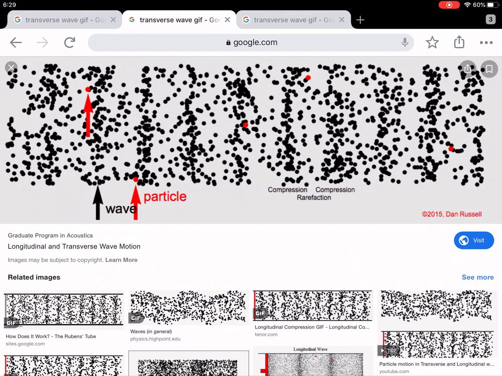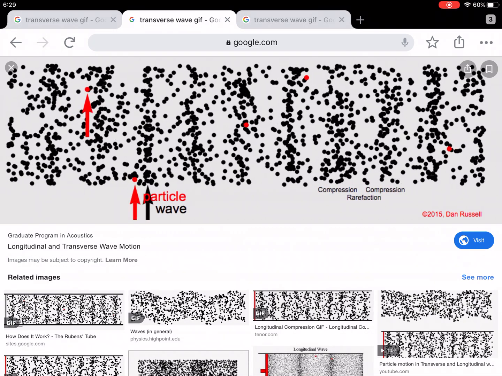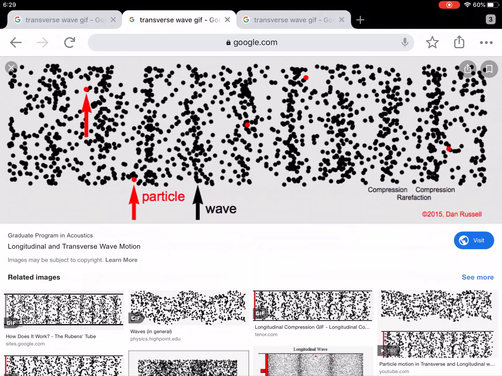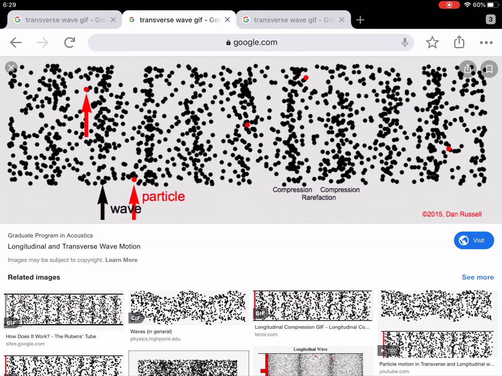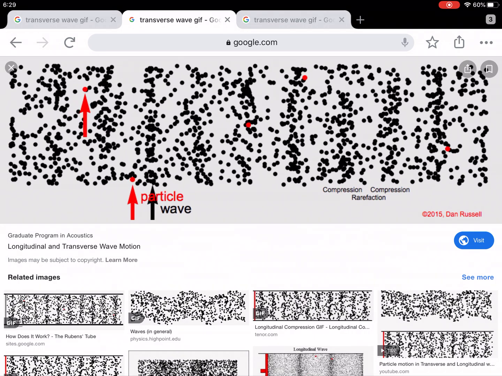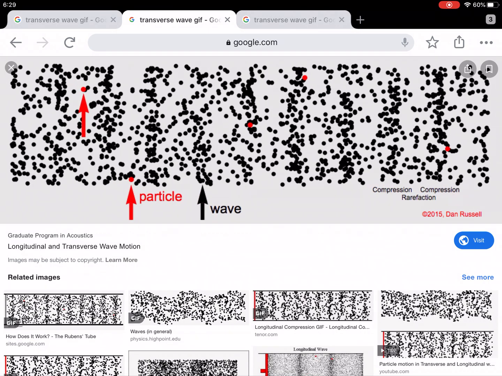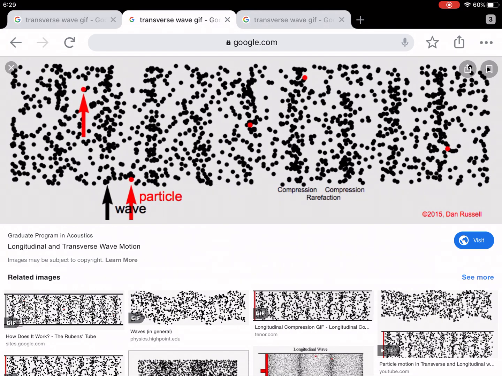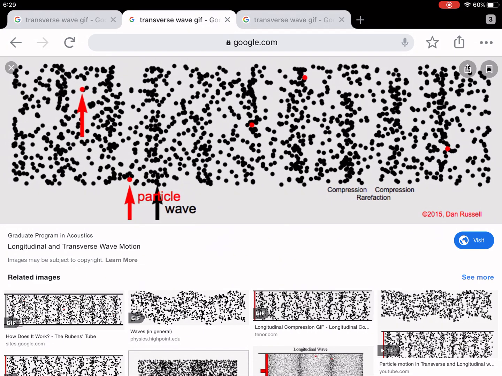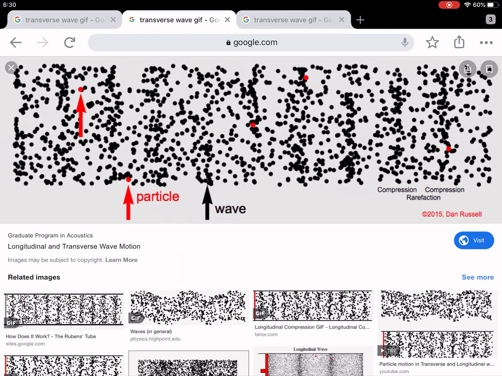The medium remains on average in place. The medium is moving, but it's oscillating. This is sometimes called a compression wave. This is a longitudinal wave because the motion of the medium is along the same axis as the motion of the wave itself.